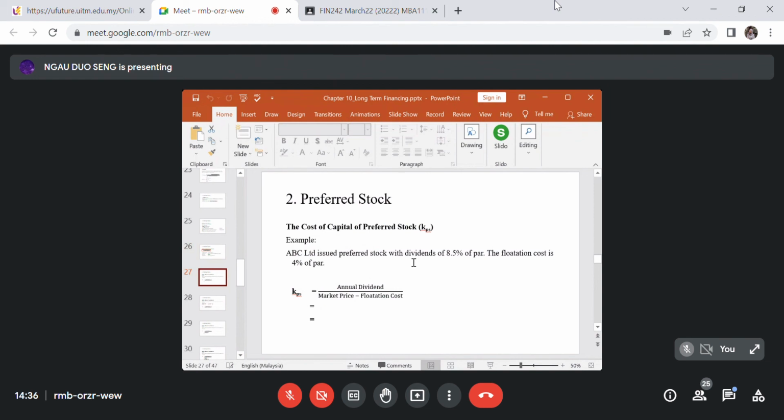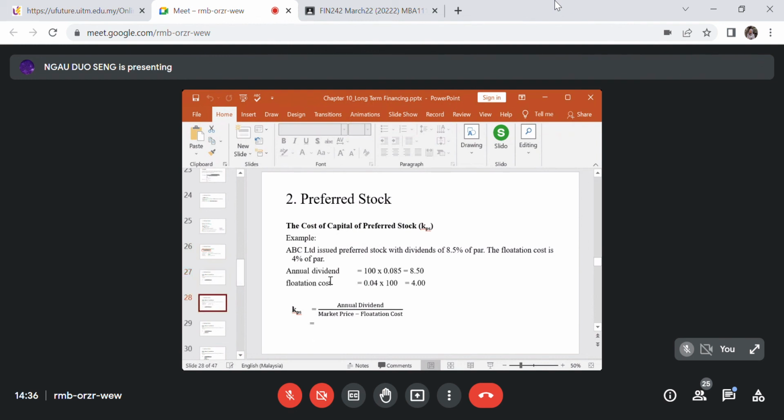So for this case, we were going to use par, which is 100. So you can see annual dividend will be 100 multiplied 0.085, 8.5%. So equal to 8.5, 8 ringgit 50 cents. Flotation cost 4%, we have 0.04. Darab dengan 100, then we have 4. Alright, so you calculate, right? Just put into the formula, then you just calculate.